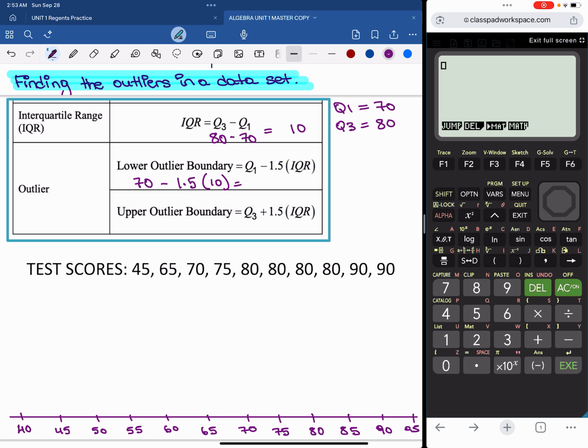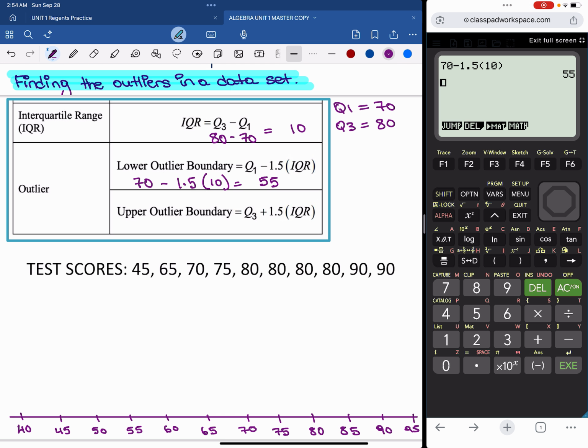We're going to put all of that in the calculator: 70 minus 1.5 times the IQR. When you're entering this in the calculator, make sure that your parentheses is around that 10. And we have that our lower boundary, or sometimes it's called lower fence, is 55.